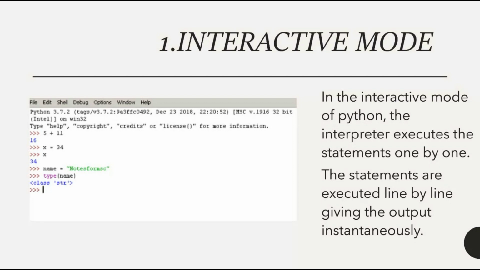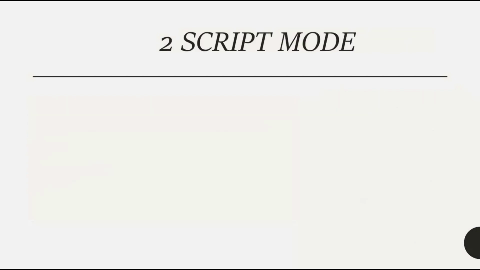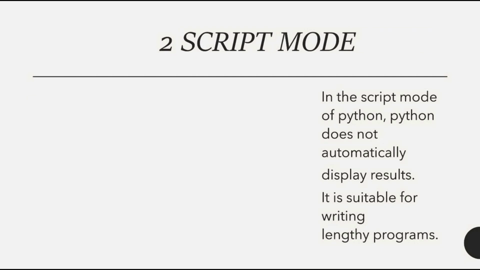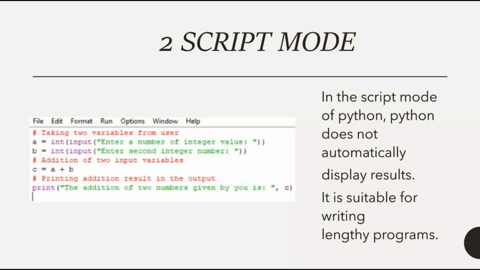Now let's understand what's in script mode. Script mode of Python does not display the results automatically. Instead, as you can see in the picture, first you write the program, then you click on run, and then it gives you the output in the interactive mode.